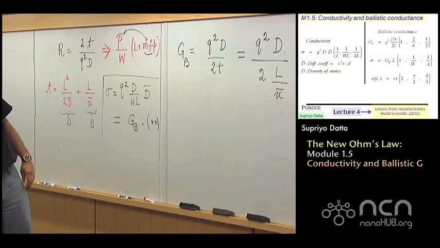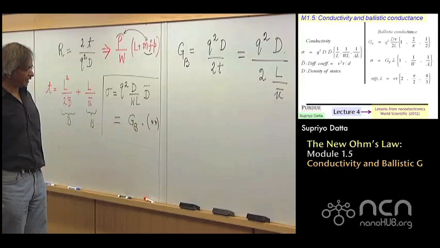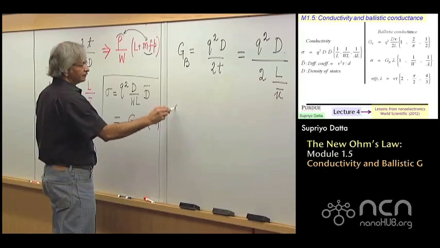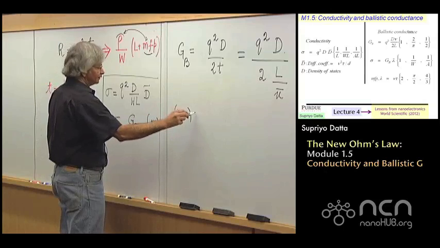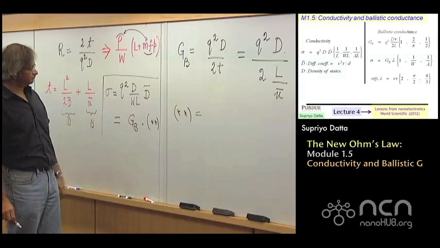And that's the expression that's given there, the third one. Let me explain how we get that. It's like that something is equal to sigma divided by GB.